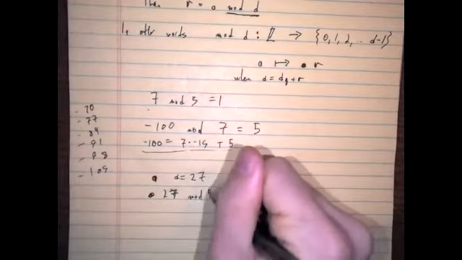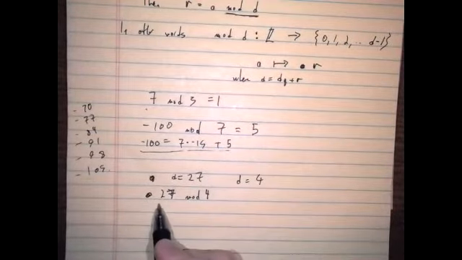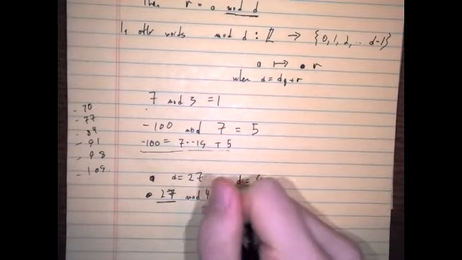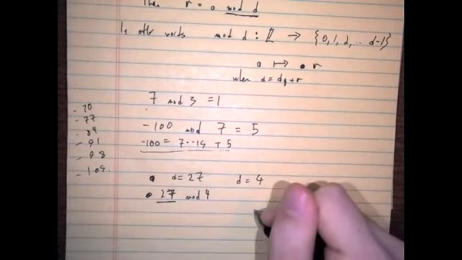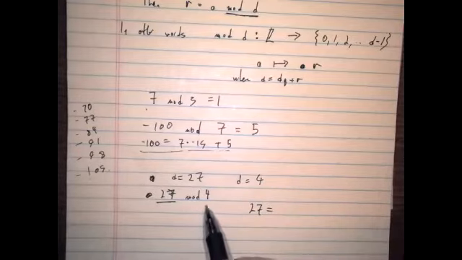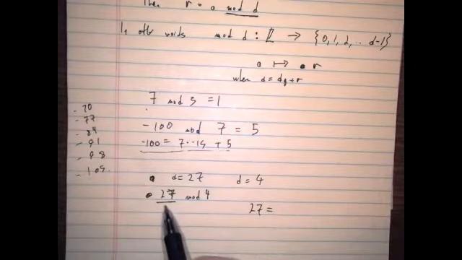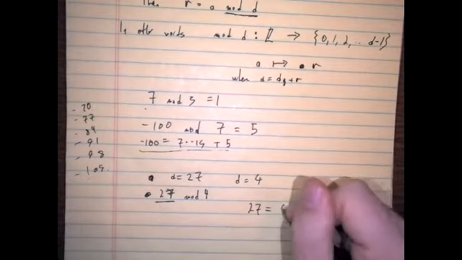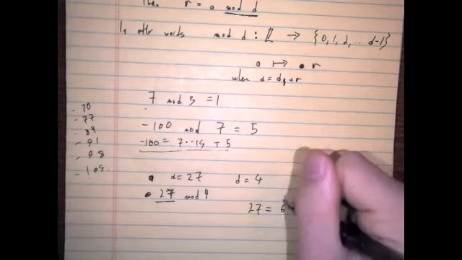So what I'm computing is 27 mod 4. What this tells me to do is use the division algorithm to rewrite 27 with respect to 4. So 27 is equal to, well, in multiples of 4, what can I get to? 4 divides 20, 4 divides 24. So 6 times 4, this chunk, is equal to 24.